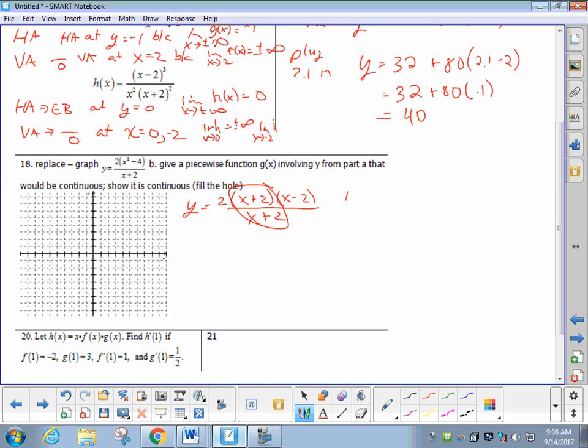There's a hole at x equal negative 2, and everywhere else, that can then be removed, and then I can just say, all right, well, it's kind of like the graph of 2x minus 4, just with a hole. So I can graph 2x minus 4, and there's a hole at negative 2. Something like that, yeah?